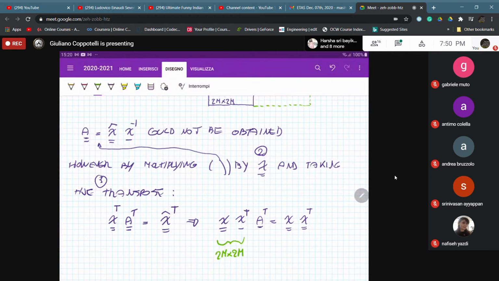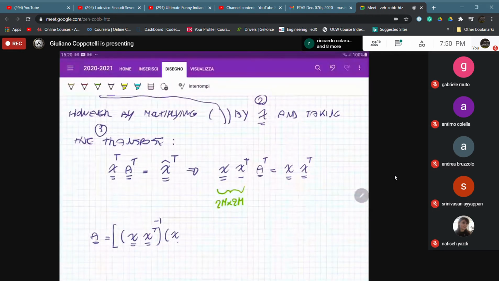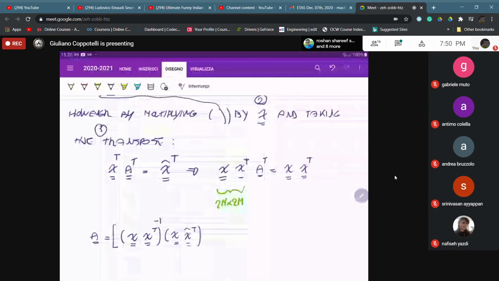Therefore, what we can say is that your A matrix could be estimated using the same free response as chi times chi transpose to the -1, then chi times hat chi transpose, and therefore everything transpose.